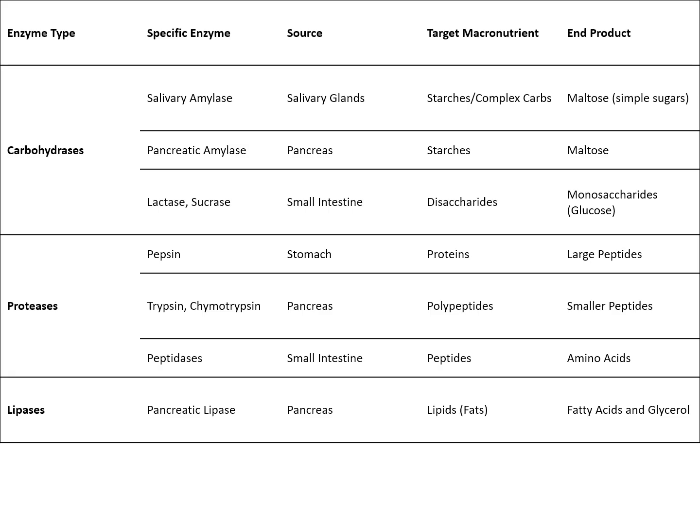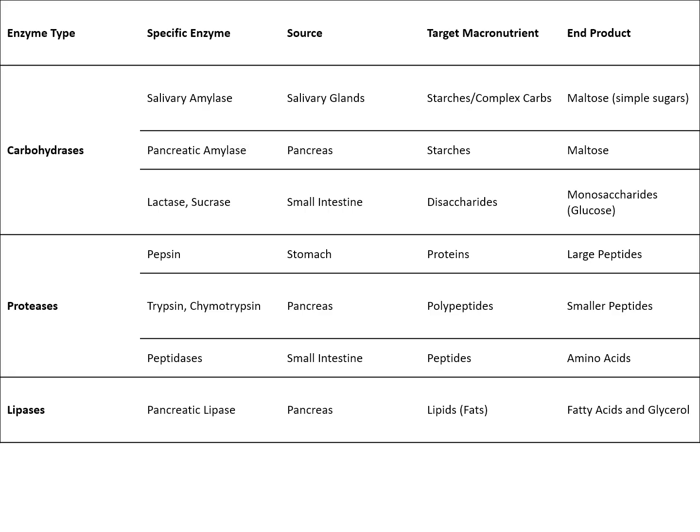Pepsin's target macronutrient is proteins, and its end product is large peptides. Trypsin and chymotrypsin, which are from our pancreas, target polypeptides and break them down into simpler, smaller peptides. And then peptidases target these peptides in the small intestine to turn them into amino acids.